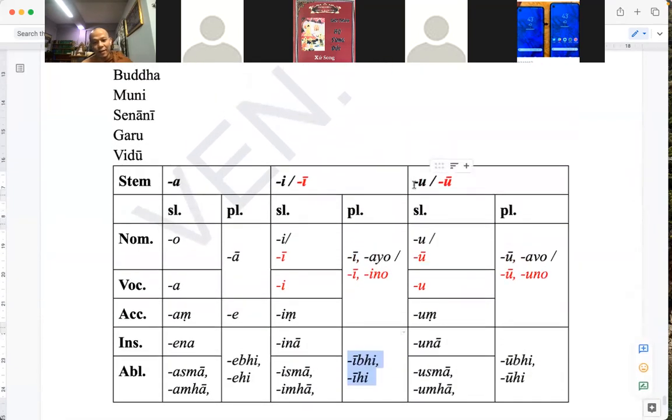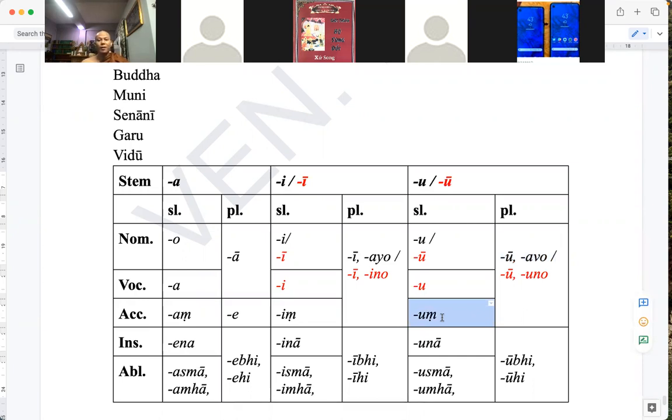So Garu. And then yeah, Garu. Plural, Garawo. And the vocative also is Garu. Garawo. And the accusative, Garum.